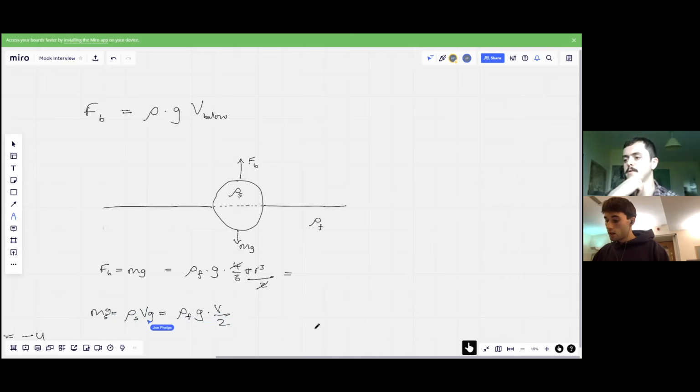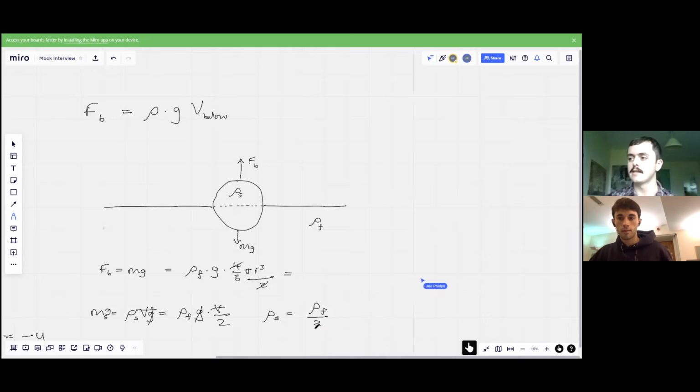Yeah, nicely spotted. So what I should get is that the sphere has half the density of the fluid, which I think is what we'd expect. Yeah, if it floats half of it in the water. Yeah, that's exactly what you said qualitatively to me about the volume of water displaced being the same ratio as the ratio of the densities. That's Archimedes' principle. Okay, very nice.